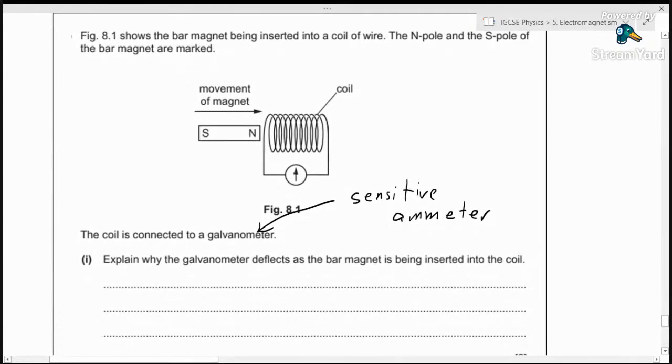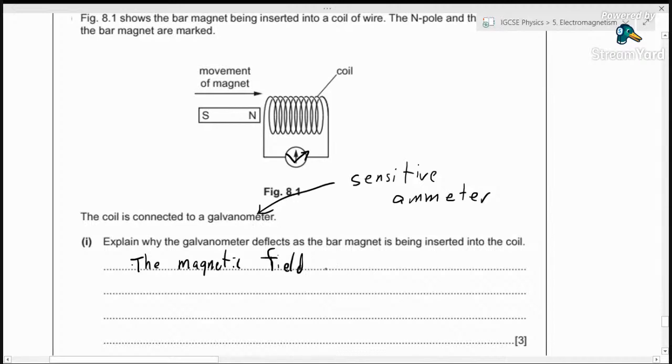Well, why is this going to deflect one way or maybe the other way? Why is it going to deflect? Because we have the changing, or instead of saying changing magnetic field, we should probably just say a moving magnetic field. Actually, let's make it even simpler. We'll just say the magnetic field, and just for mentioning magnetic field, you already get 1 out of 3 marks.